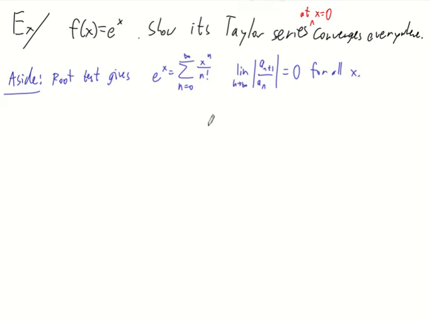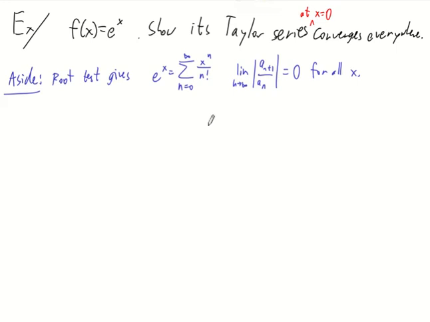And you can show that using the root test, but we're not going to do that for this example, because generally you can't come up with a formula for the Taylor series that easily. Sometimes you can, but you need a way to take care of this outside of those situations.